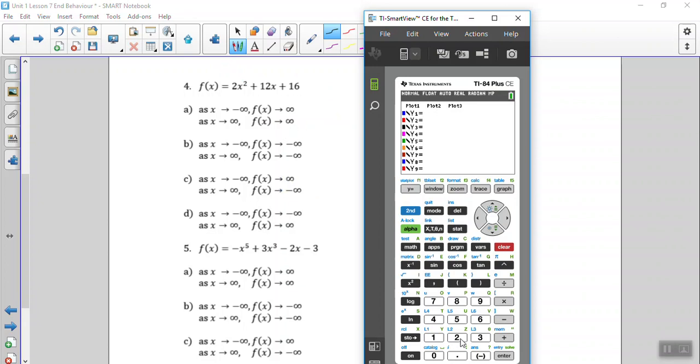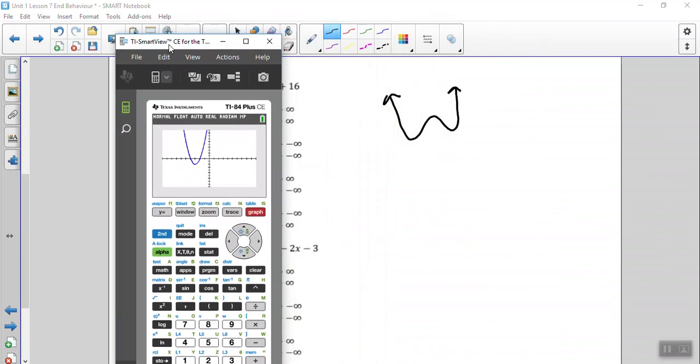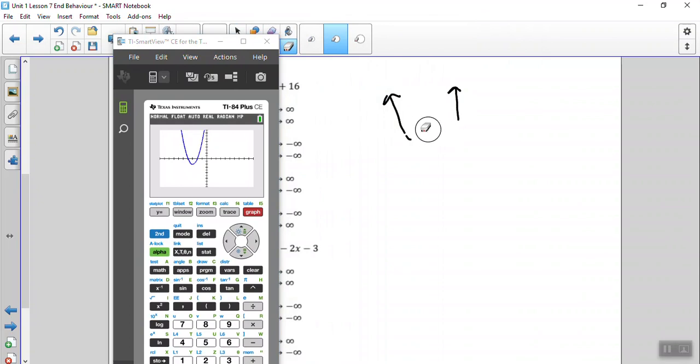So you go to y equals 2x squared plus 16. I know if you're watching this at home, you probably don't have a calculator with you, so that's alright, you can just follow along on mine. We're going to graph it. Like I said, they both have the same end behavior. Again, I'm not worried about what the graph is doing in the middle.